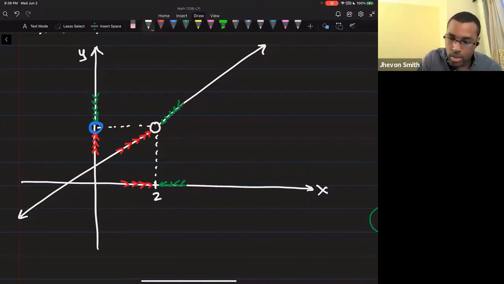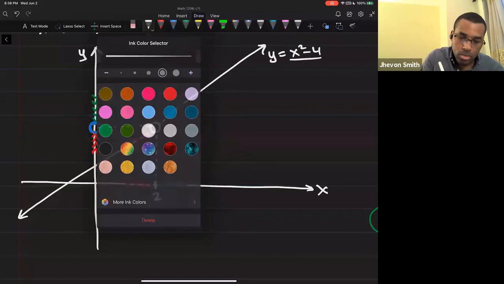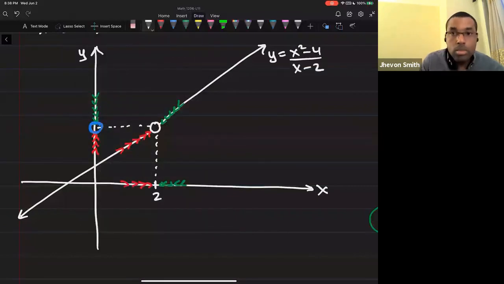What are they moving towards? What's the y value getting close to here? Any guesses?